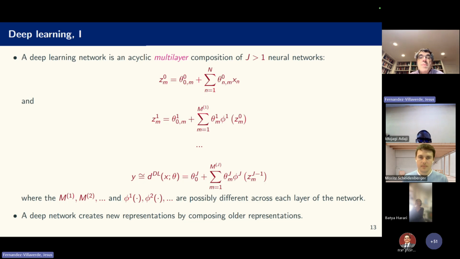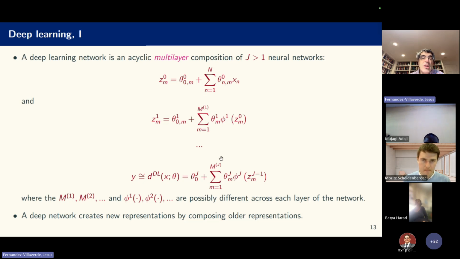So what we are going to do is, again, as before, we take the features of the data, we take linear transformations, and with these linear transformations, z of 0m, we plug it over here, and we activate it with an activation function, and we do it m super 1 times, and we get a new representation of the data. And then we take that representation of the data, we put it in an activation function, we take combinations of it, and we put it in another activation function.